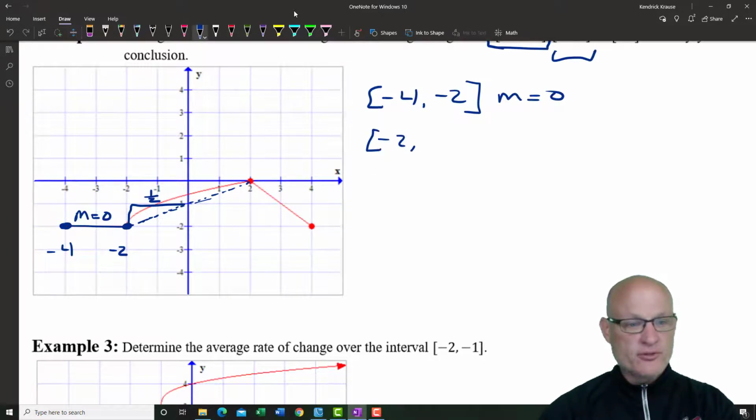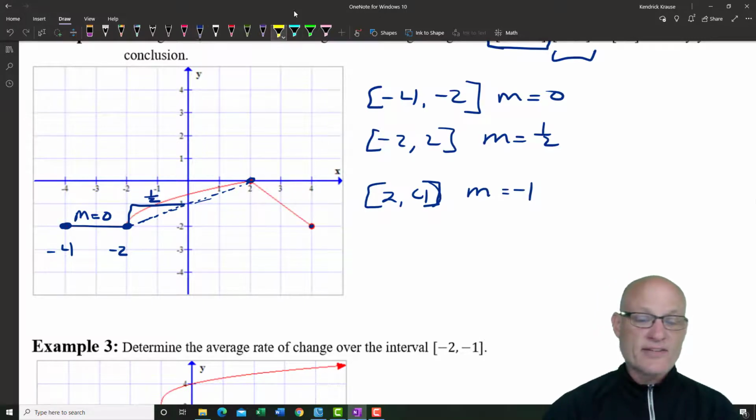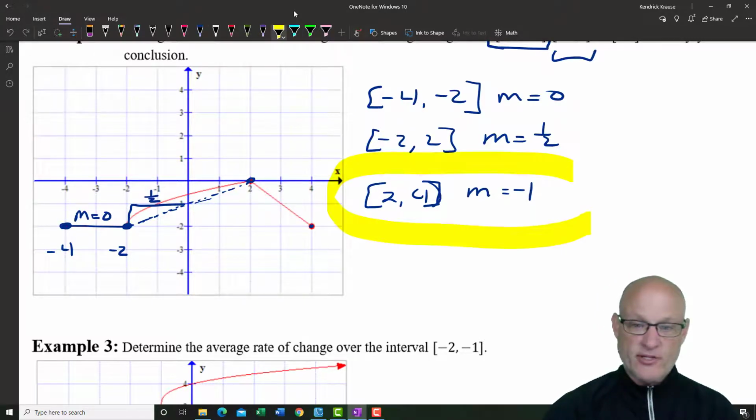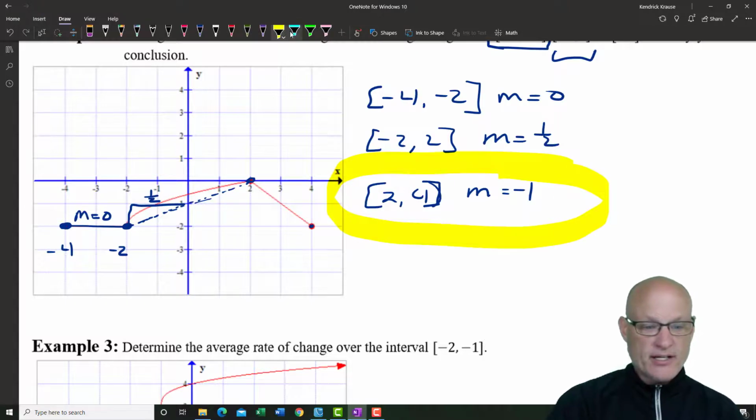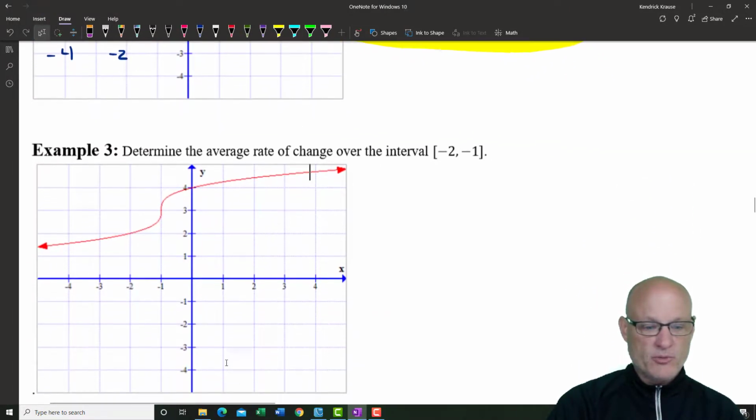From -2 to 2, the slope equals 1/2. And then from 2 to 4, my slope is negative 1. So which one has the greatest average rate of change? Whichever one has the biggest number. There it is. I actually had a kid on my last test tell me the 1/2 was bigger than 1.